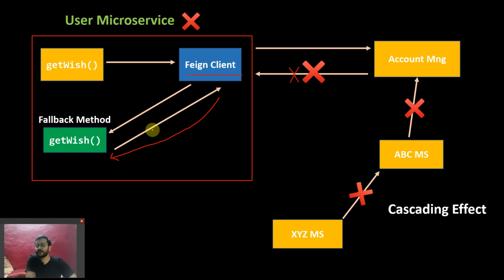Okay, we write this method in some class or in some interface. Let's see where we write. And whenever this connection is not responding, we take an output from this method. That output is some default value or some value we get from the method, whatever it is.